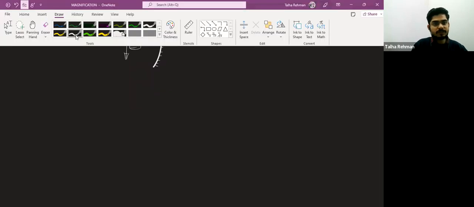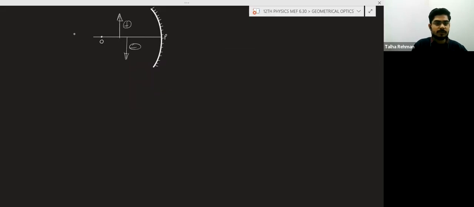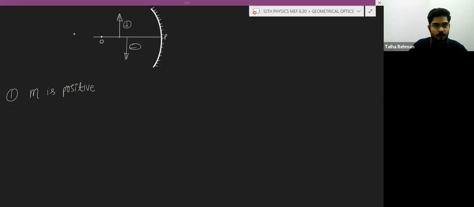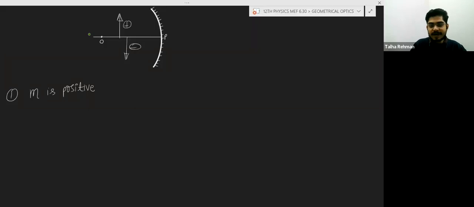Now we will discuss magnification. First case, suppose the magnification is positive. What does the positive magnification indicate? See, first write the formula of the magnification: height of image divided by height of object.